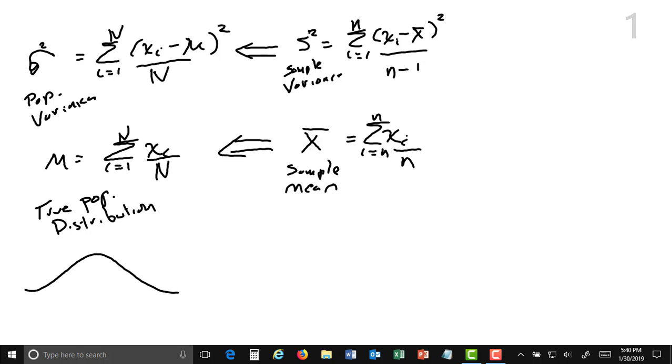Whereas something with discrete integers or whole numbers would look like this, where it's just a certain spot. This is discrete.